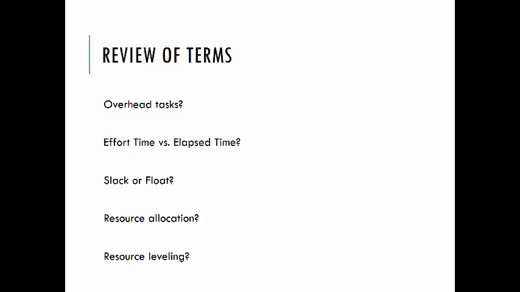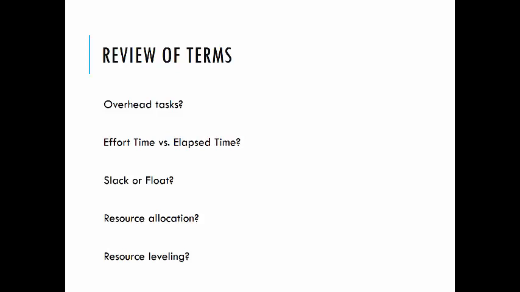Resource leveling is basically when you fix resources that are over-allocated by assigning more tasks to a resource that has available working time. Generally, resources are leveled in two ways.